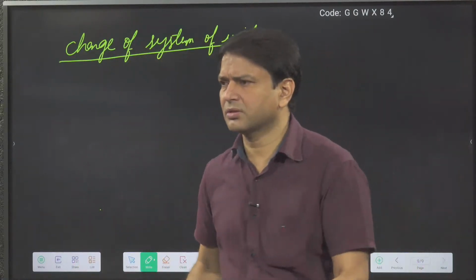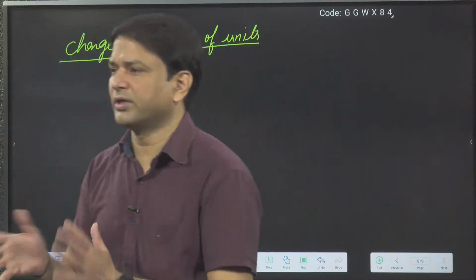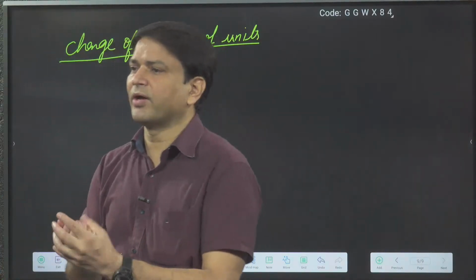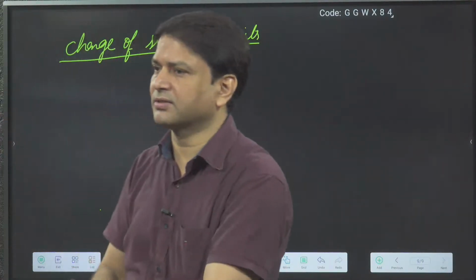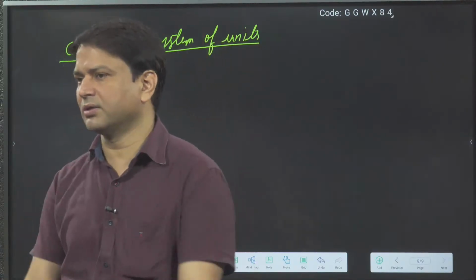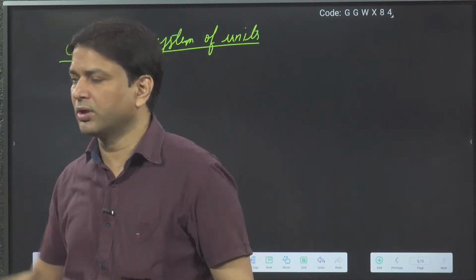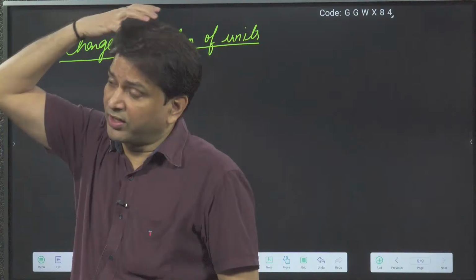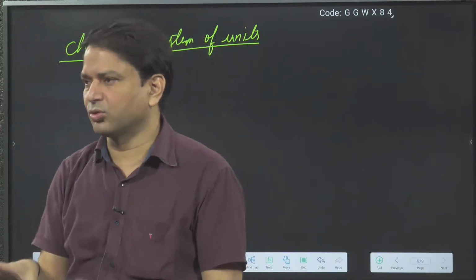Now, last small thing: change of unit, change of system of units. When we are going from one system to another system, what is the effect on the units and what is the effect on the magnitude? Suppose I have 1 kg of sugar.